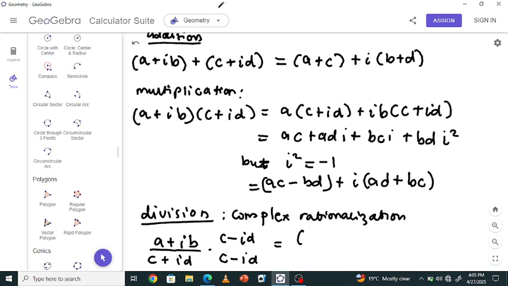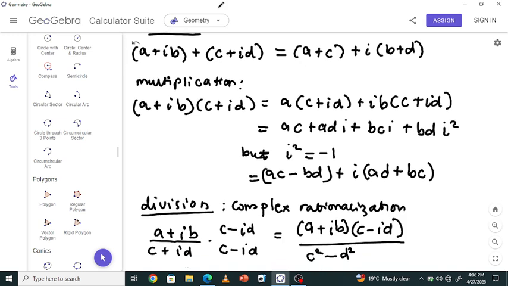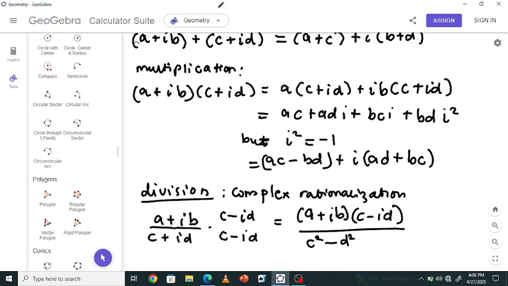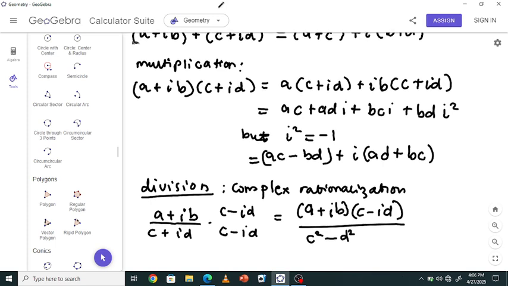And now we will have a plus ib times c minus id over, this is a difference of two squares, so we'll have c squared minus d squared. And that's how we handle the operations on complex numbers.